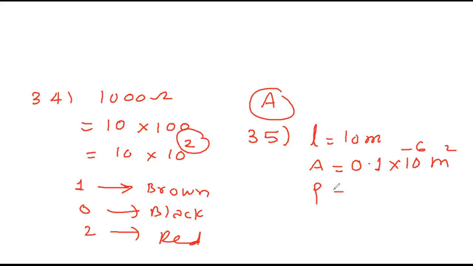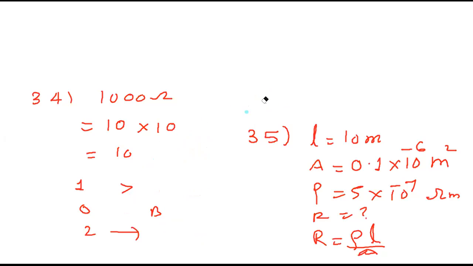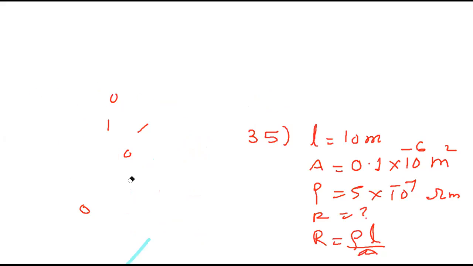If the resistivity is 5 into 10 raised to minus 7 ohm meter, then what is resistance of the wire? Resistance formula is rho L upon area. Now we know all the three quantities. If you know multiplication, division, I think you will tell correct answer. Please all of you try and tell me.